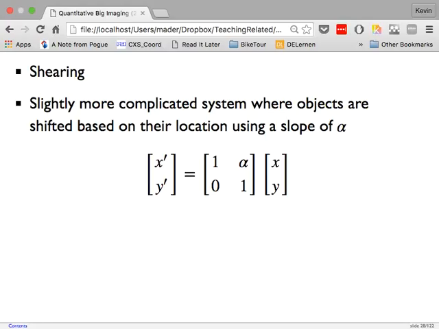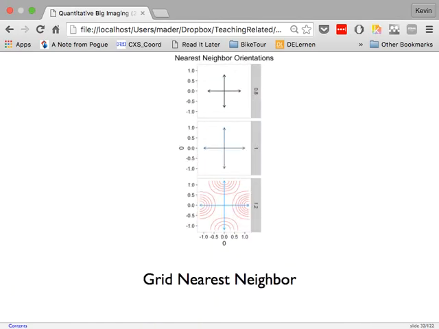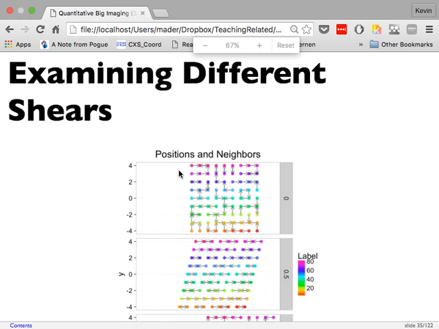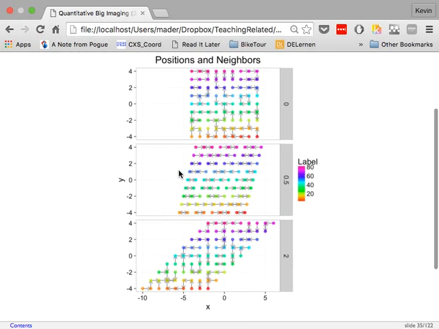Except that if you shear enough, then the actual point that's the nearest neighbor might change. The initial two points that were near to each other move, and now those two points are perhaps nearer to something else. Right. So in 0, we have the initial system as we expected.